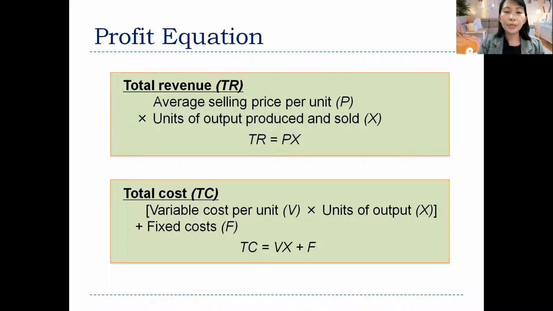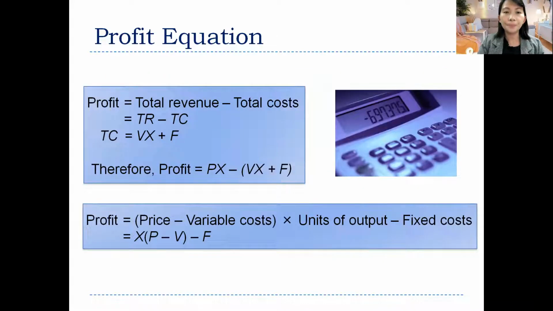So TC, which stands for total cost, is equal to total variable cost, your V multiplied by X, the units of output, plus the F, the fixed cost. That's the sum: total cost is the total variable cost and the total fixed cost.